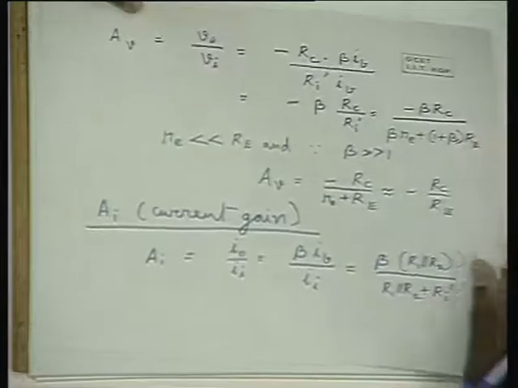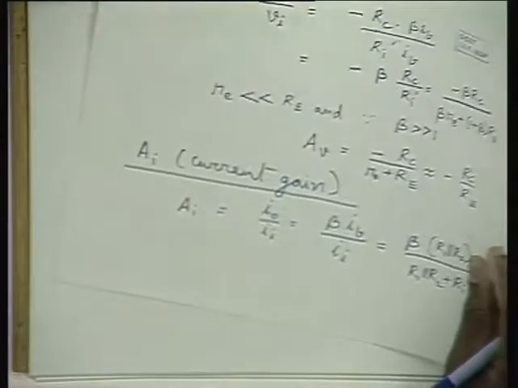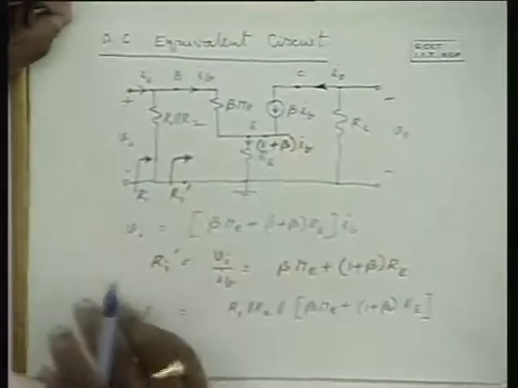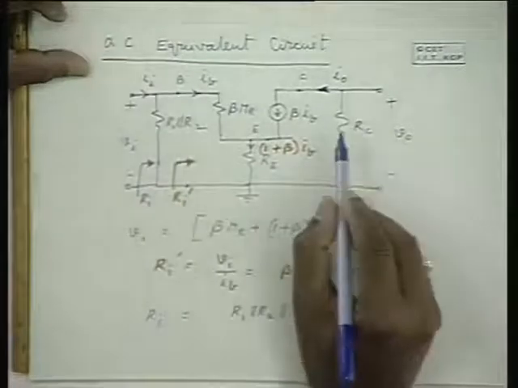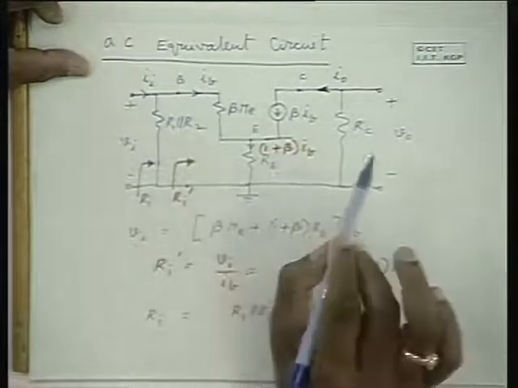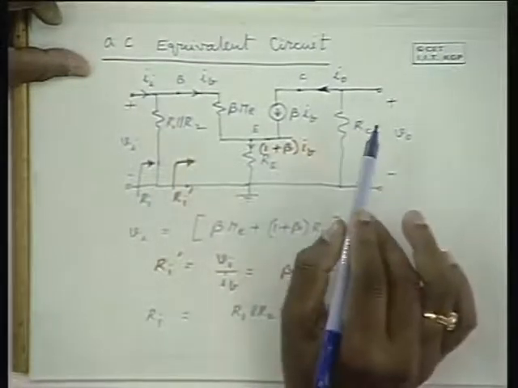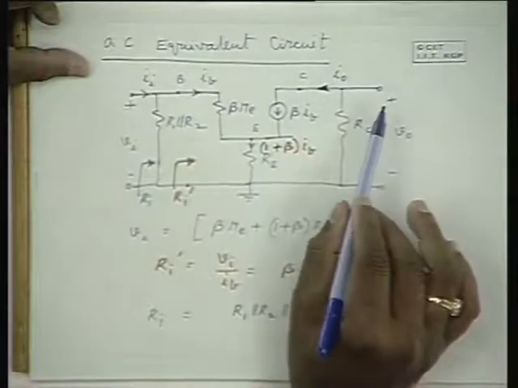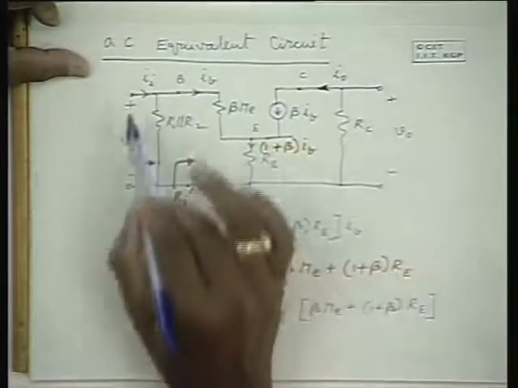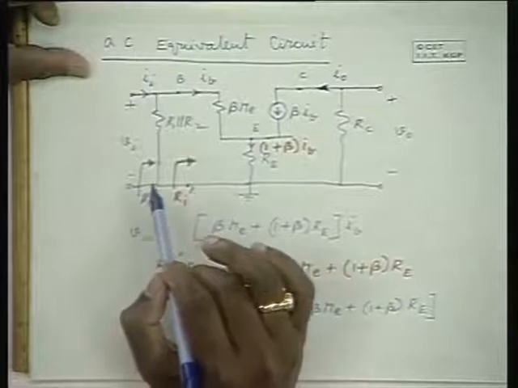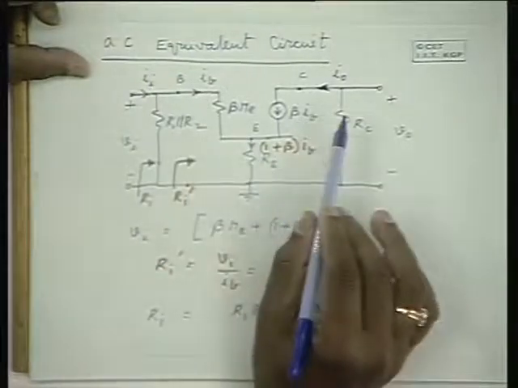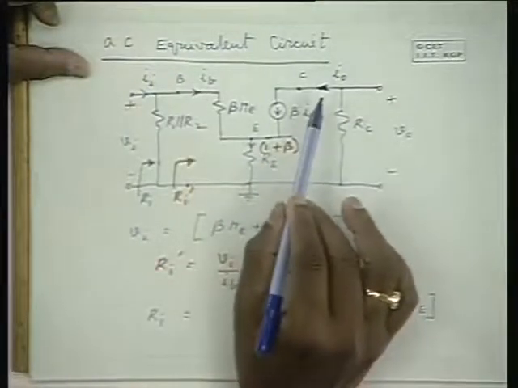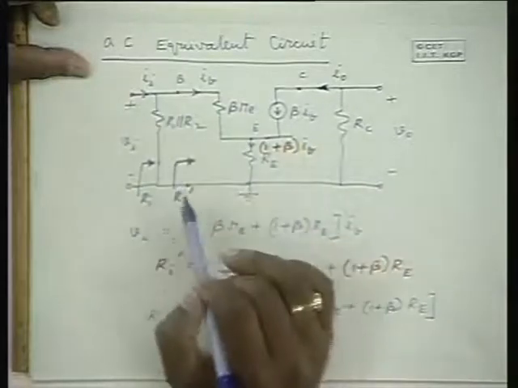I would like to give you the relationship between AV and AI. Let me discuss the AV and AI relationship here. Please note that the voltage gain can be obtained by dividing the output voltage by the input voltage, and the current gain can be obtained by dividing the output current by the input current.